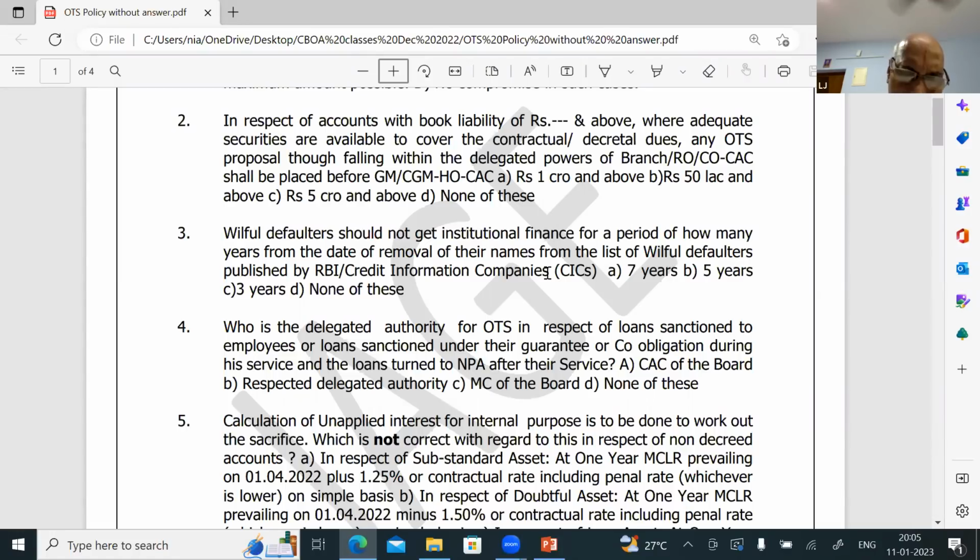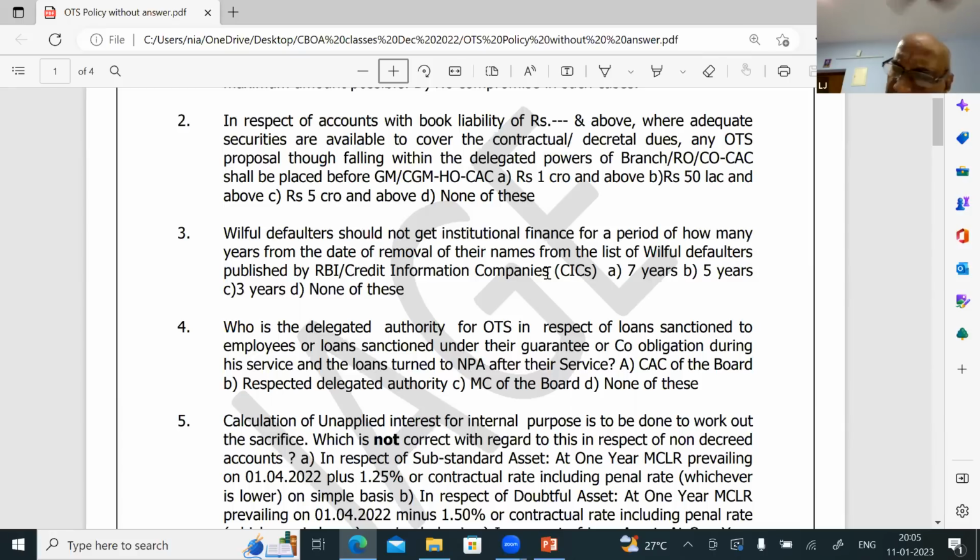Wherever the unit is running very well, he is earning sufficient income from the assets created by the bank loan, but he is not willing to repay the loan. Or he has siphoned the money, or he has diverted the funds. This man does not want to repay your loan. He is a willful defaulter.